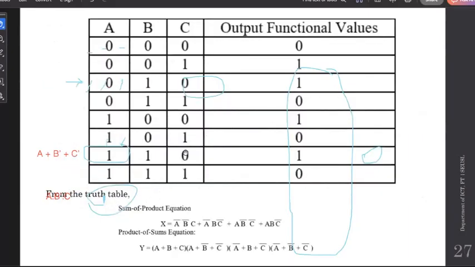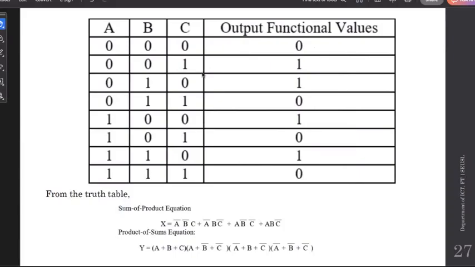Now, if some instances are given and you are given a truth table like this, you will be asked to derive the equations from here. Just imagine this is the truth table of a logic circuit. They have given you, this is how the system is working.